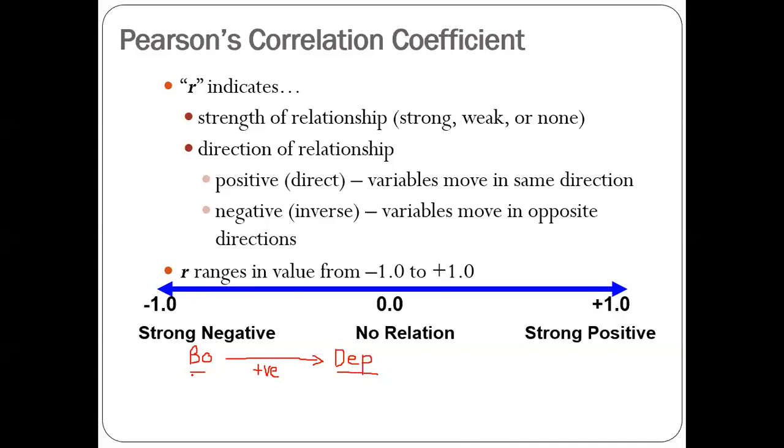Burnout is negative, depression is also negative, so they move in the same direction. So we are going to say that this direction is a positive direction or positive relationship.